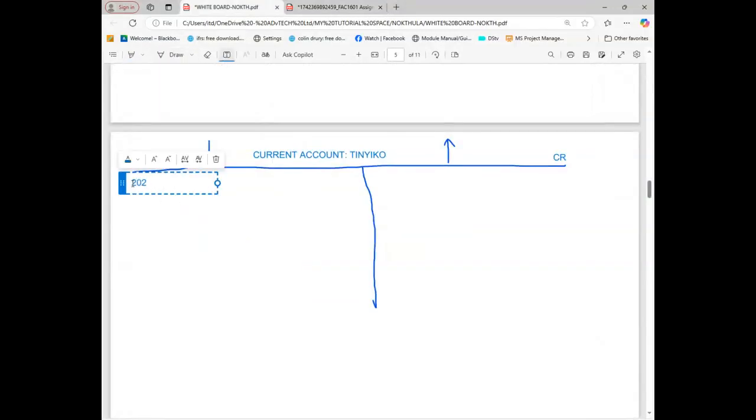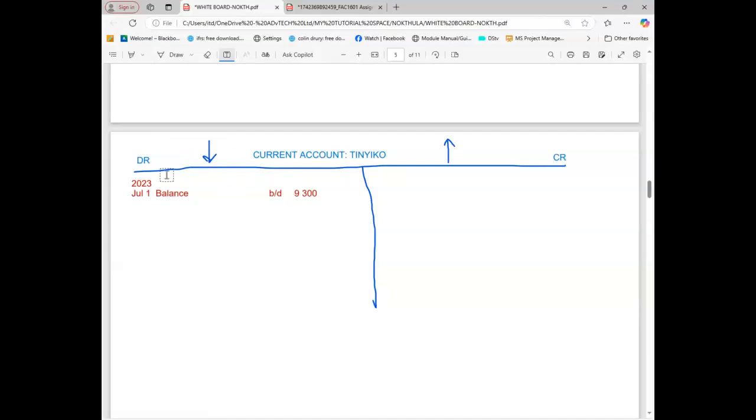So you just say 1st July 2023 when you started. That's the first thing that you do, and then you just say this balance, like we've been doing all along, brought down, and then you put that 9,300. And then you must just check, is this balance favorable or unfavorable according to you? It's unfavorable.